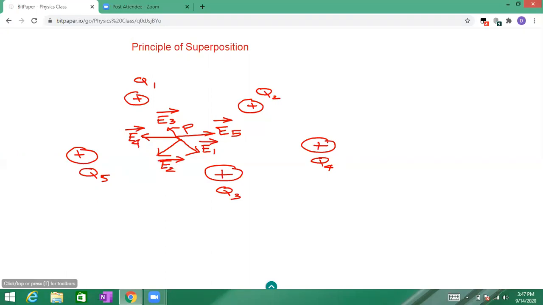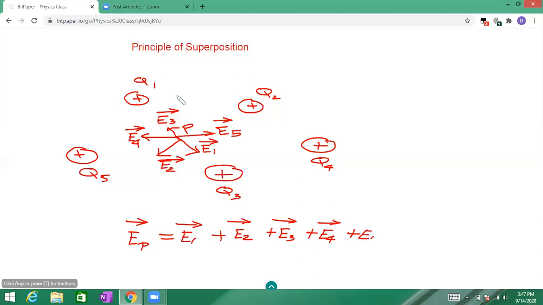That means the resultant electric field at P, let me write it as EP, is equal to E1 vector plus E2 vector plus E3 vector plus E4 vector plus E5 vector.